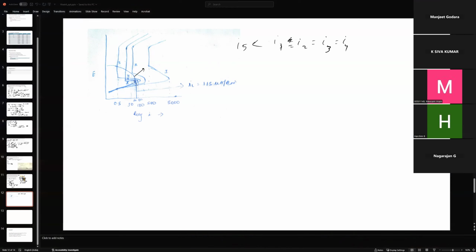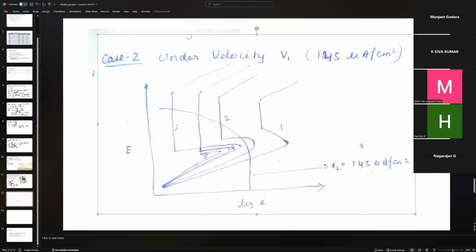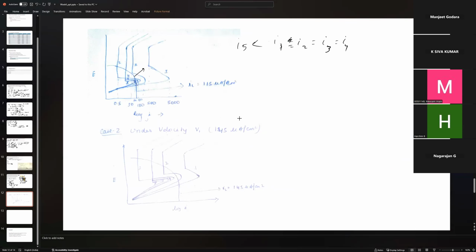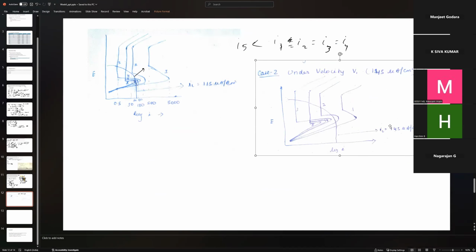Now if we increase the velocity of the solution, the liquid, the diffusion limited current density would increase. So here now it's 145. This was 50, and this was I think 150, right?